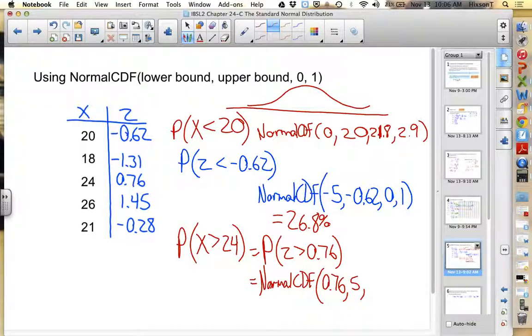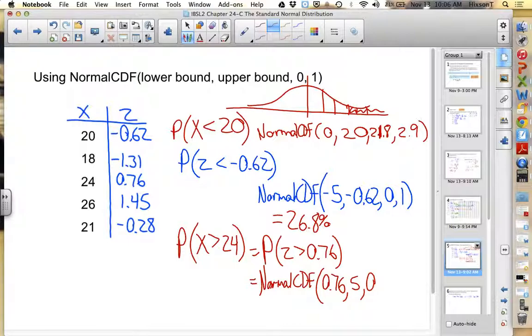Watch the video for Monday, because once you get past 3 standard deviations, all of this data out here only accounts for 1/4 of 1%. So if we went out 5 standard deviations, it would be so minuscule when we're rounding to the nearest 1/10%, it's not going to make a difference in our answer. So that's why it wouldn't matter if you use 5 or 100. Whether you go out 5 standard deviations or 100, at that point you're talking about 0.010% or something like that.